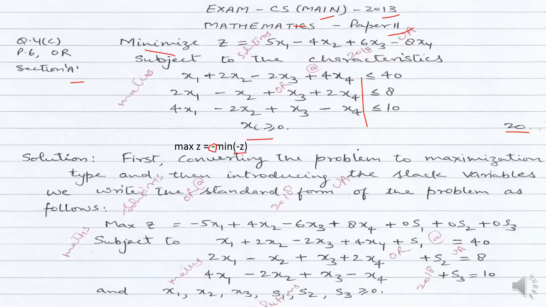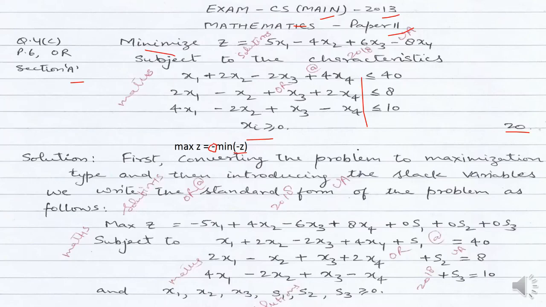So first, we convert the problem to maximization type and then introduce the slack variables, because these are less than or equal to signs. On the left hand side the quantity is something less, so we will add some amount, that is the slack variable, and we write the standard form of the problem as follows.